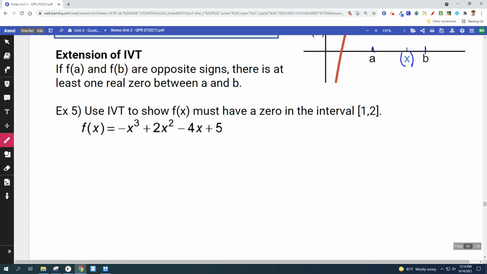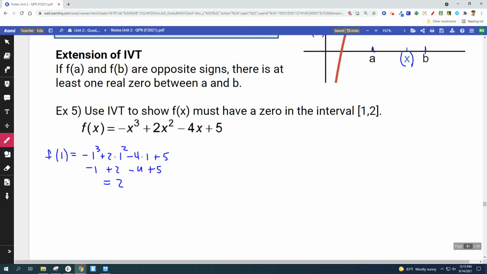Use the intermediate value theorem to show f of x must have a 0 in the interval from 1 to 2. What we're going to do is we're going to plug in 1. If I plug in 1, you have negative 1 cubed plus 2 times 1 squared minus 4 times 1 plus 5. That is going to equal negative 1 plus 2 minus 4 plus 5, which is 2. All right.